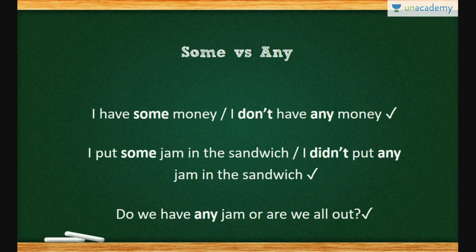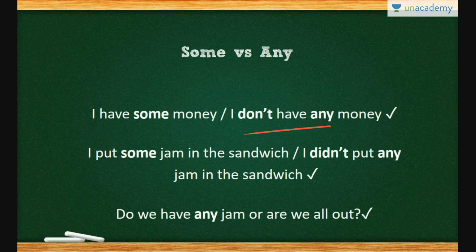Now let's discuss the difference between some and any. Since the rule said some is used for affirmative and any is used for negative and interrogative sentences. Now, affirmative means positive sentences. So, just look at the sentences and notice the difference. I have some money. Affirmative sentence. I don't have any money.